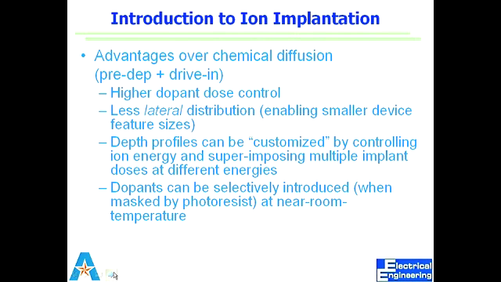Part of the reason is, if I want to do this much in one go, I will end up with much more lateral diffusion. Instead of that, it's done in what you call superimposed multiple implants at different energies. And a very interesting, very important part: it's a low temperature process.